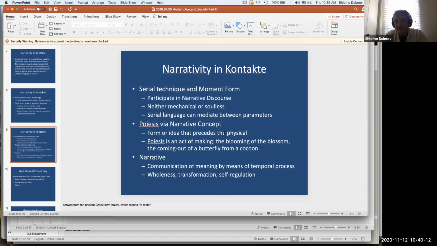So in the process of composing, that initial idea and some underlying principle that drives you to create something, that's the first emergence, that is the poiesis. And then that intrinsic motivation that drives you through the whole process is the poiesis. The narrative is somehow what the story is about.